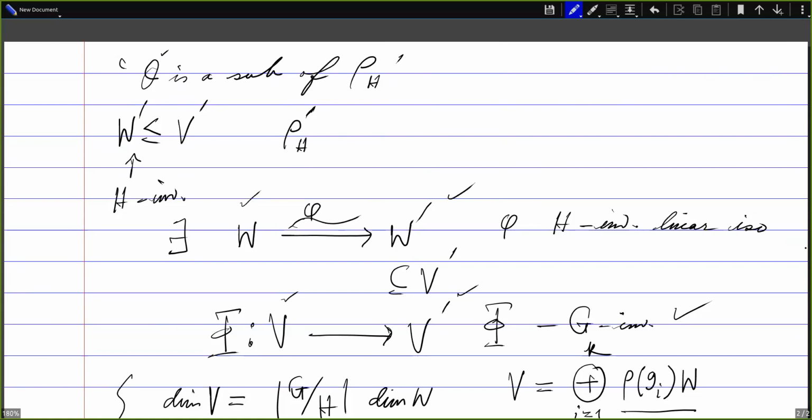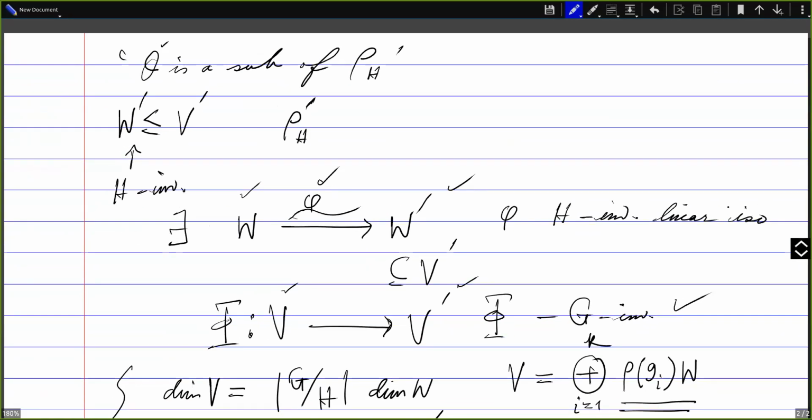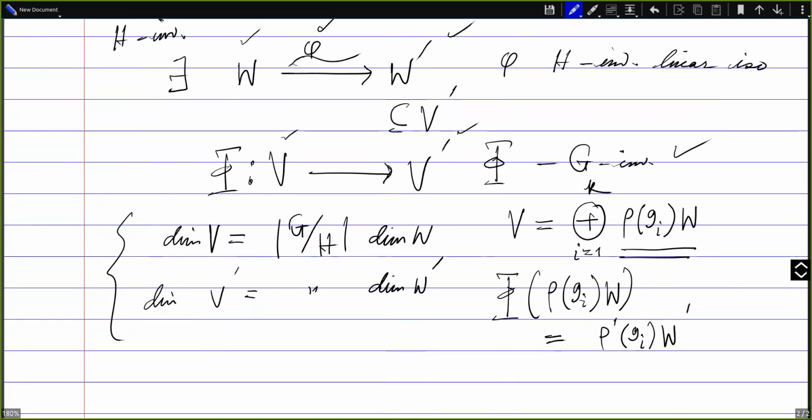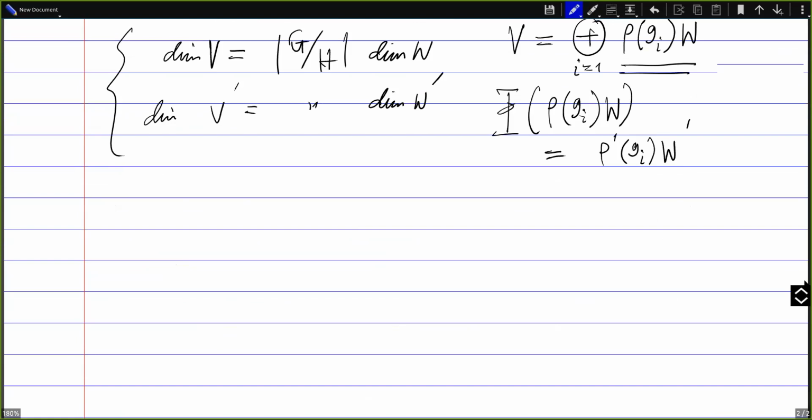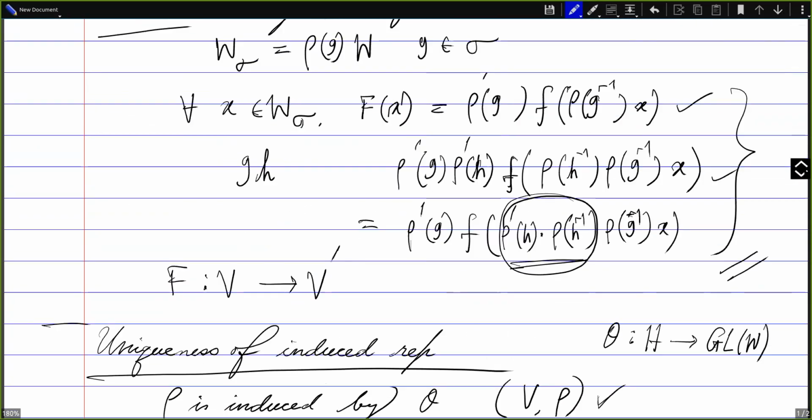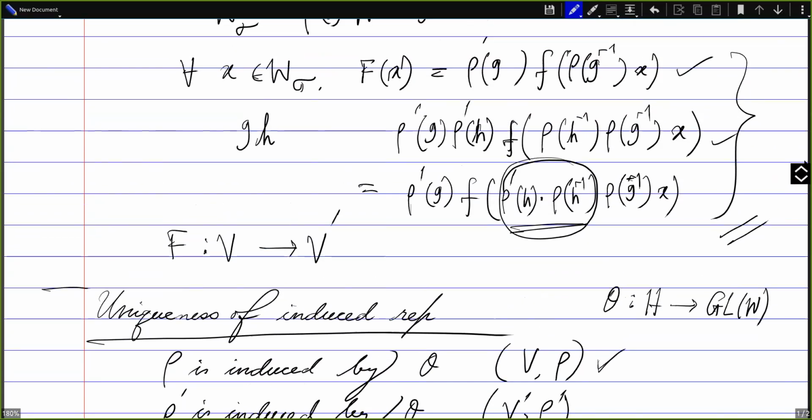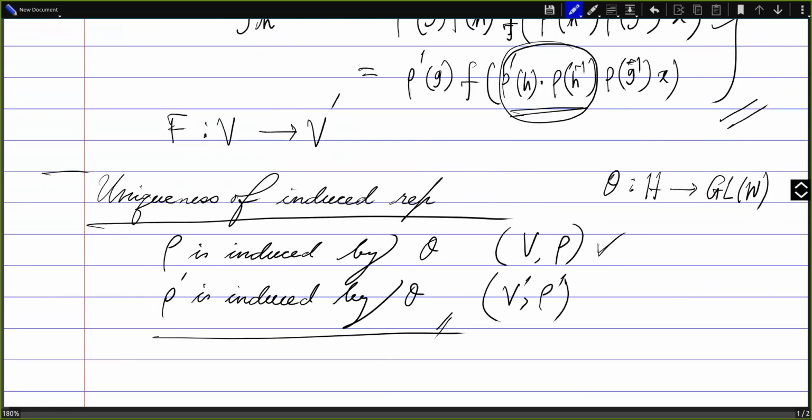That means rho prime restricted to H has a sub-representation on W prime which is isomorphic to theta. So let phi be the isomorphism. Now we extend that isomorphism and show that it gives an isomorphism of G invariant linear maps. This shows that if there are two representations of G which are induced by theta, then these two representations must be isomorphic.